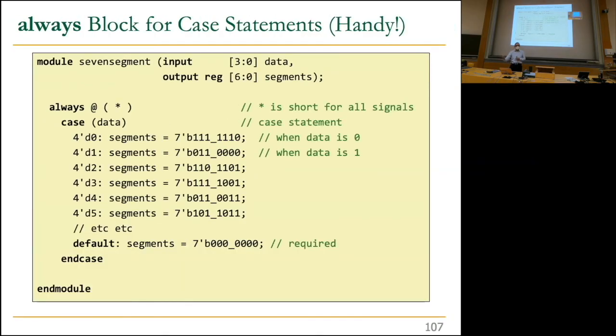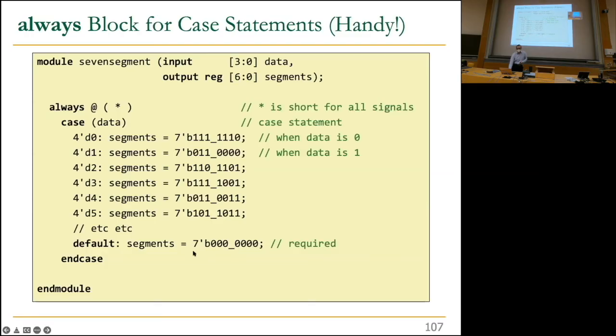But for more sophisticated things where you have a lot of cases, always block may be a lot easier. In this case, you can see that this is a combinational thing. Based on the data, you assign the output segments, and there may be many different assignments that you come up with. And default is, segments is assigned to 0.